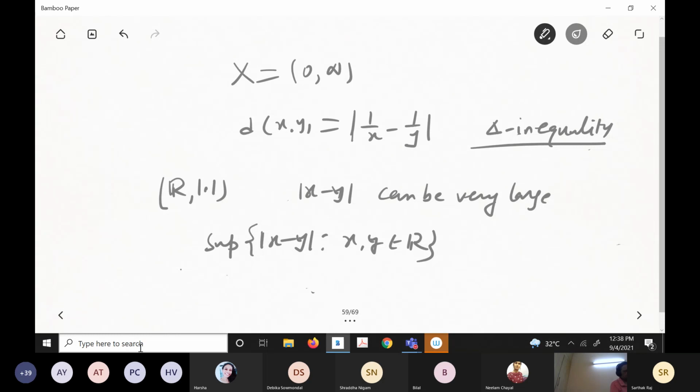The supremum of this set will be infinity. Supremum infinity means this set is not bounded in R.